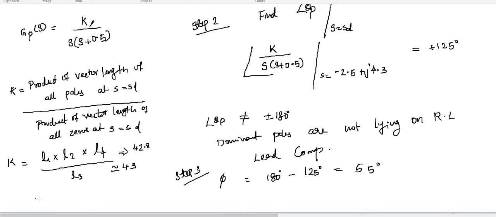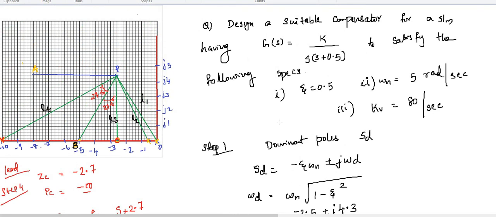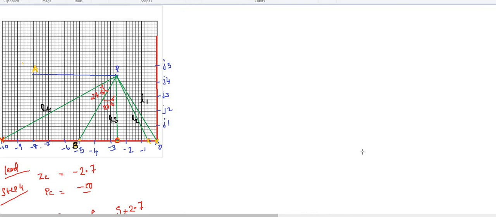So we got the open loop plant GP of S is equal to 42.8 divided by S into S plus 0.5. Now we have to find out Kc.